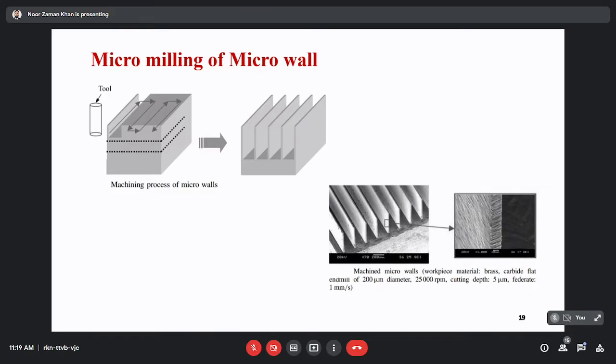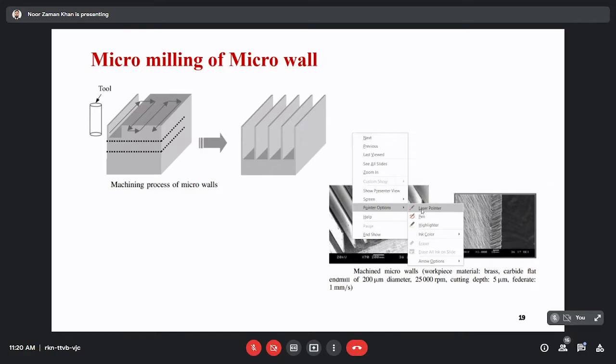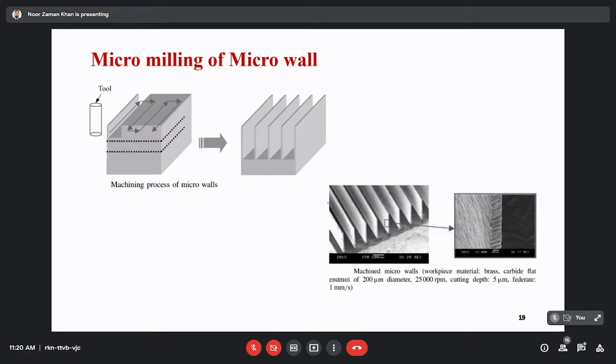And the thickness of the machined wall is 25 micrometer. If we talk about the thickness of this wall, it is around 25 micrometer, and the height of this wall is around 650 micrometer.